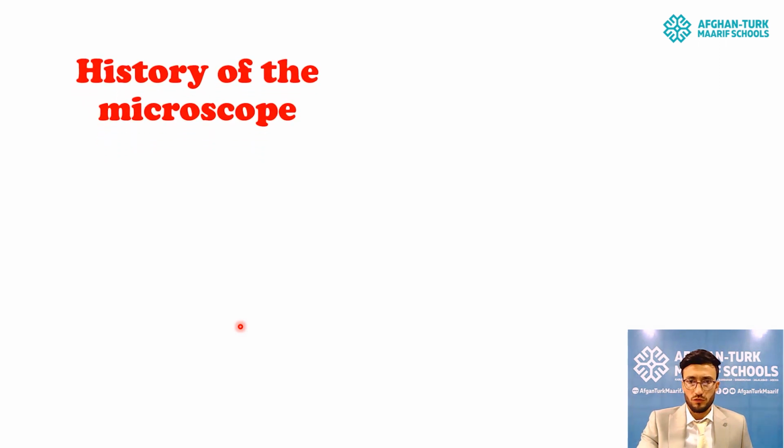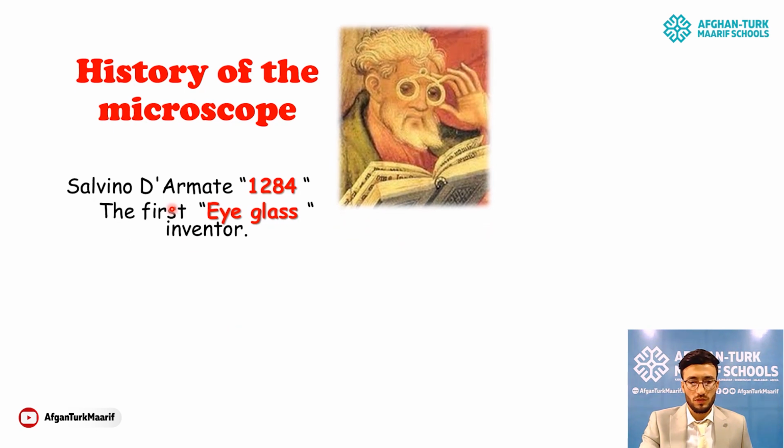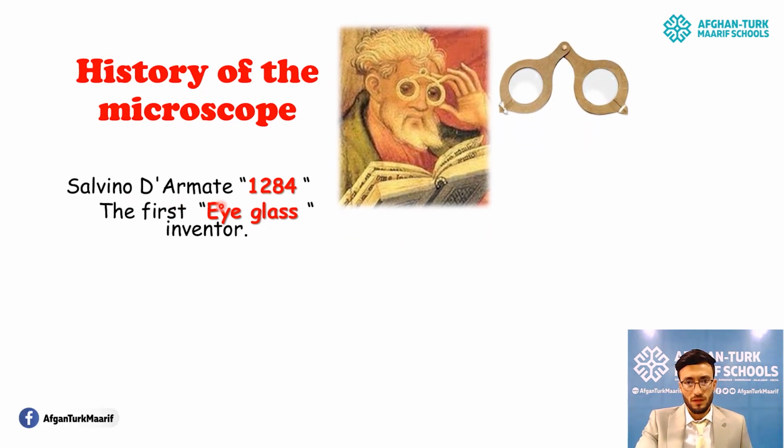In order to understand the history of the microscope, you should have a flashback at the early days of the 13th century, when the first guy, whose name was Salvino D'Armate, invented eyeglass. It was quite simple but useful.